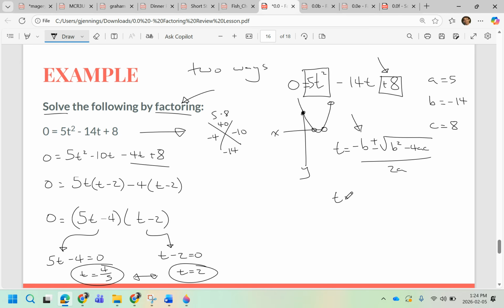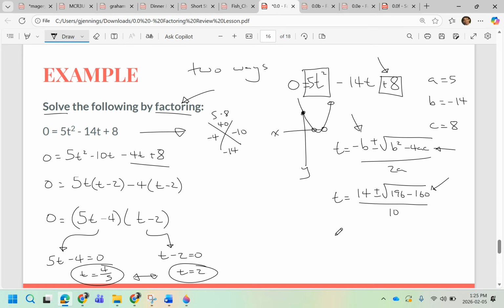In this case, t equals negative 14, so that's positive 14 plus or minus the square root of 14 squared, which is 196, minus 4 times a times c, that was 160. Okay, you can substitute into brackets here, or if you want to accelerate things a little bit, do it that way. All over 2a, so that's 10. It's not bad. I think this is an acceptable number of steps skipped, but just make sure that you can check your own work, right, and verify it.